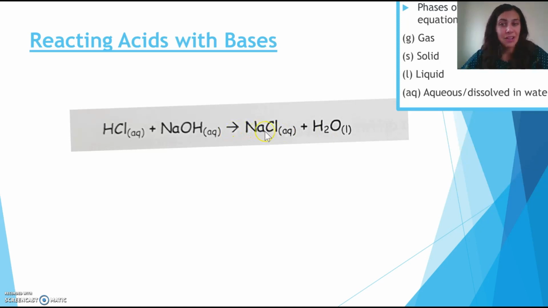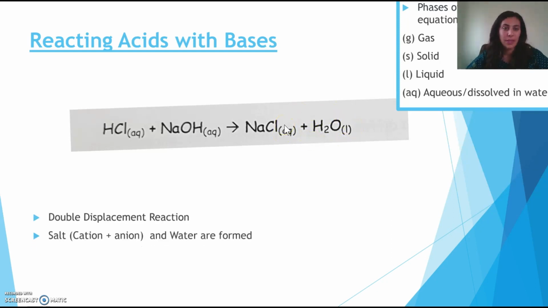So NaCl is a solid salt dissolved in aqueous. So if you were to evaporate the water out of this solution, you would get sodium chloride salt, which is just table salt, right? And then you also have water, which is the liquid form.